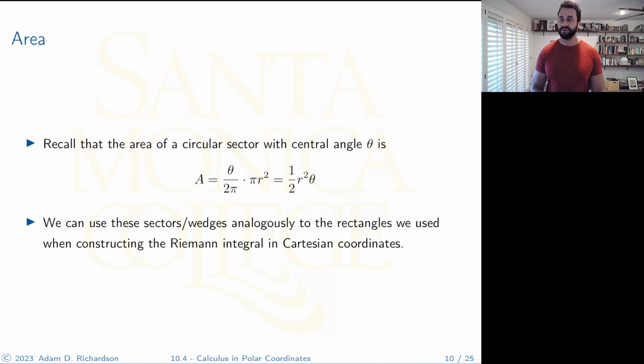So instead of using rectangles like we did in the rectangular coordinate system, we're going to use these wedges, since our coordinate system is radial in nature, it's circular and radially described. So we're just going to use these circular sectors to approximate our region, and then add up all of the areas of those circular sectors.